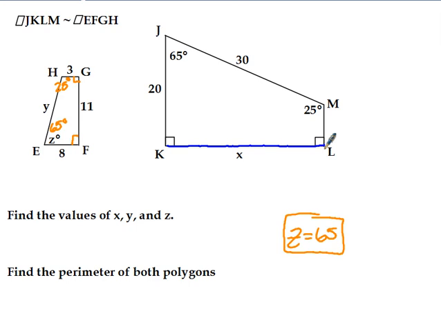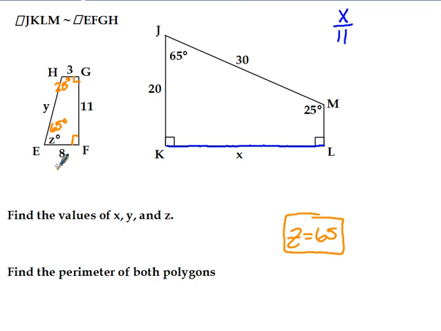So X over 11, and the reason why I chose 11 is because KL goes with FG, and now I can pick any two sides that go together. I don't know what this side is, so I'm not going to use that. This side, 30, goes with Y, so I can't use that, so I have to use 20 and 8, JK and EF.